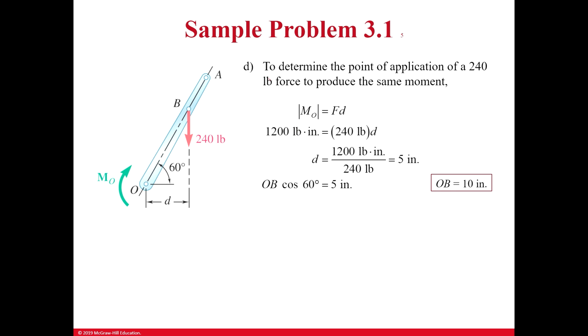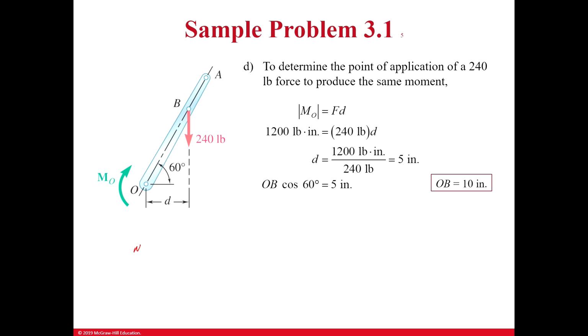D, determine the point of application of a 240-pound force to produce the same moment. Okay, so say there was a wall right here or something that you couldn't push. You couldn't put your hand on this end, and you need to apply the same amount of moment. They're asking if the force is 240 pounds, what would be the distance for the same moment, which is pretty easy.